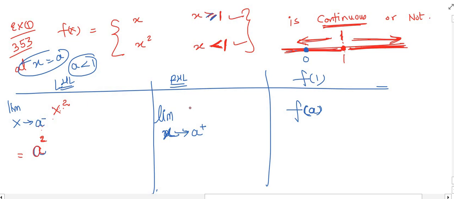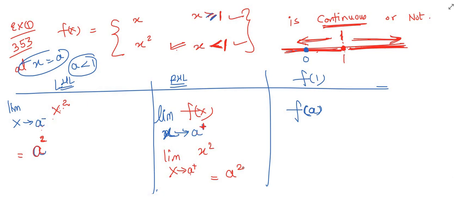Now right hand limit, f of x, a plus. So keep in mind, a is a number which is less than 1. So we will take somewhere here, this one less than 1. Limit x is tending to a plus of x square, and if you put x is equal to a, it is a square. Here directly we can put the value. No need of H method, because it is just a polynomial function.